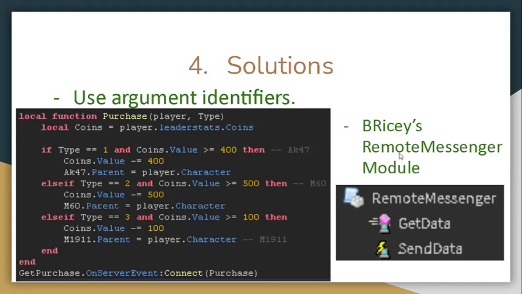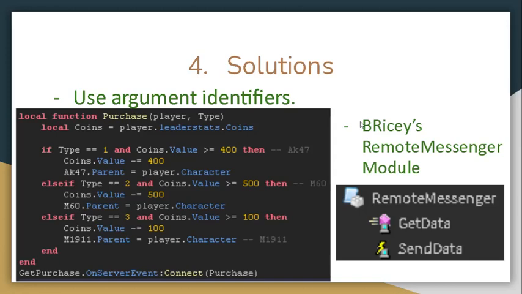Another thing I want to reference is that he said he stopped using his module because of hackers, but I still don't think that's a good excuse, because hackers will always be able to fire events. I can't see what's so bad about this module. You just have to check on the server side if the parameters are correct, because hackers can fire events as much as they want.